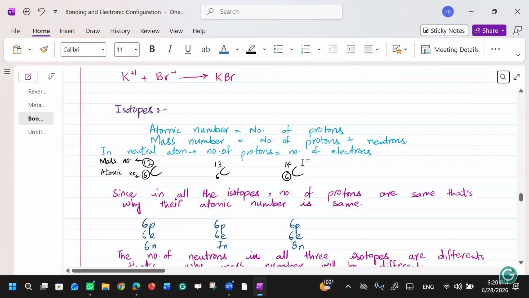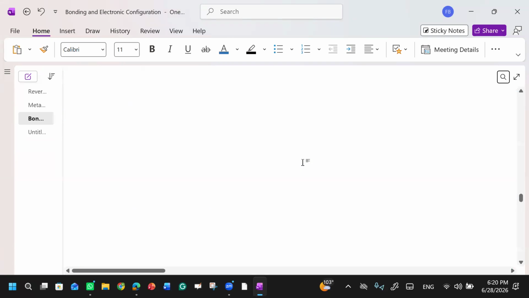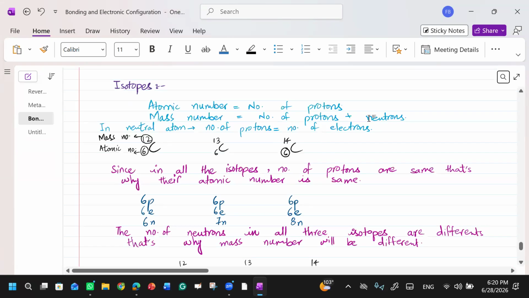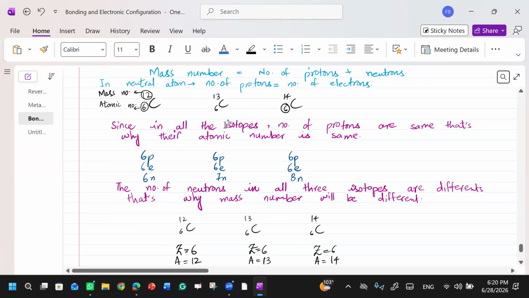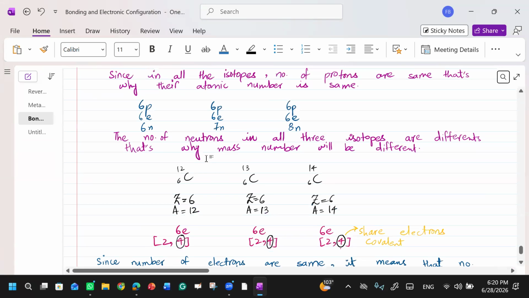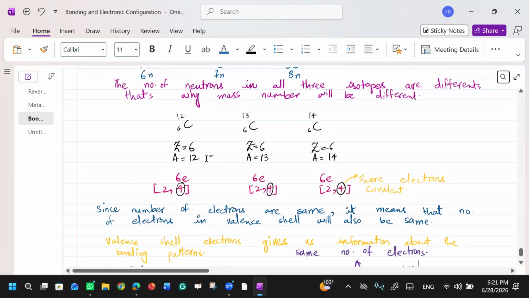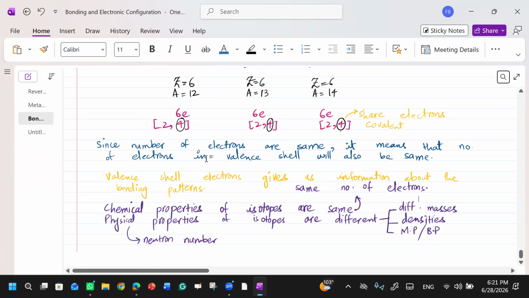Then we discussed the atomic number. The atomic number will be the same, the number of electrons will be the same, and we also discussed why they have the same chemical properties. Can you recall why the isotopes have the same chemical properties?